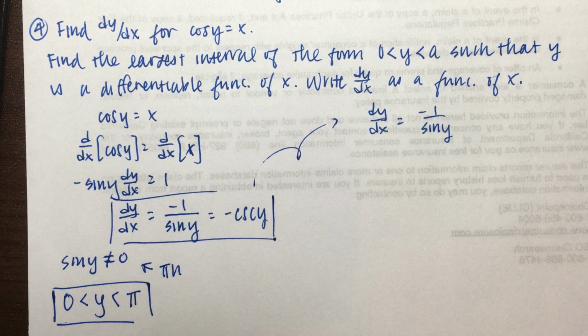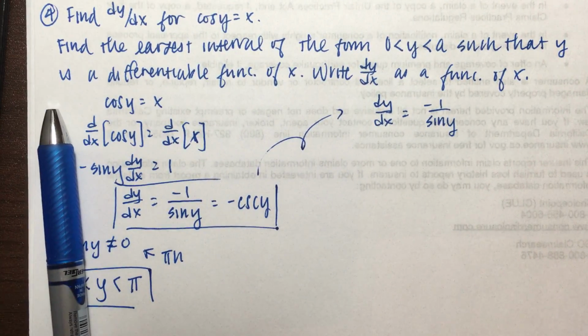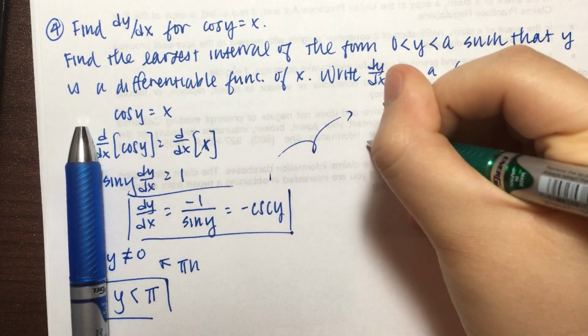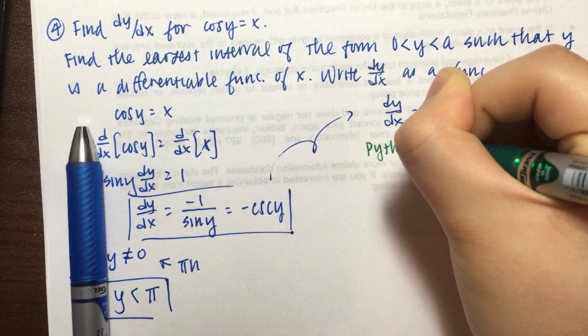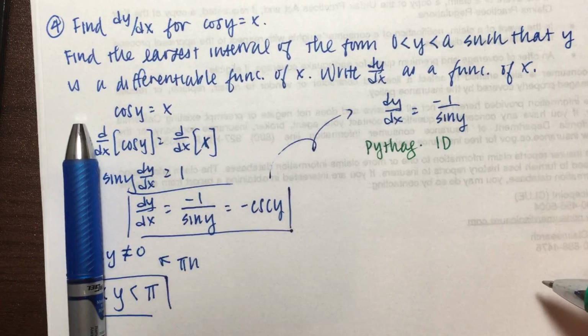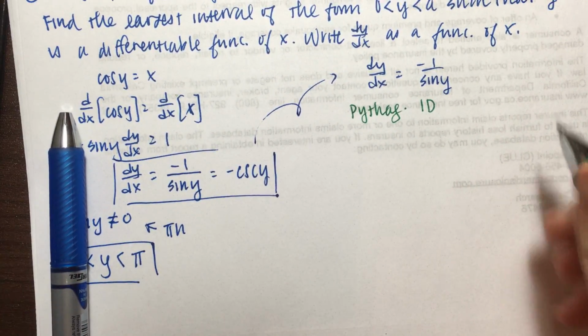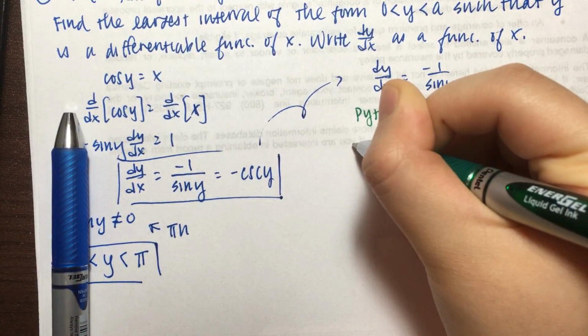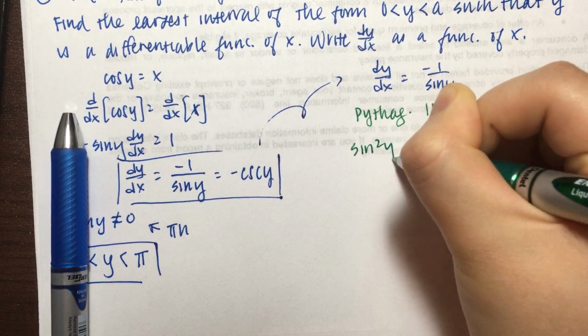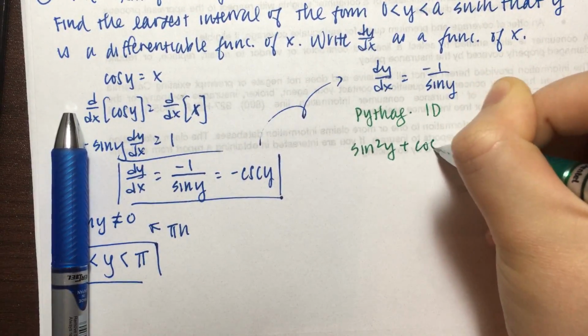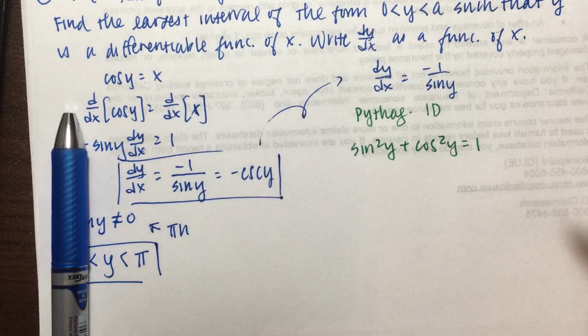What we can do is use the Pythagorean identity, where it says sine squared y plus cosine squared y equals 1.